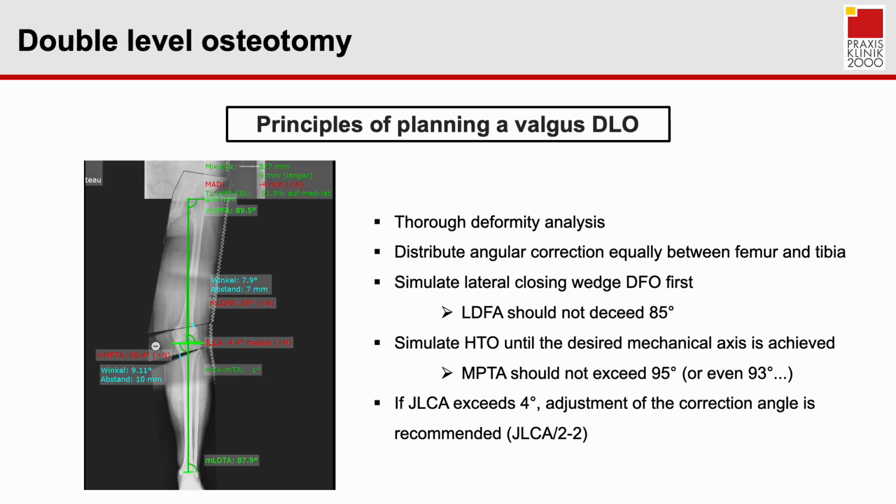Next, the HTO is simulated until the desired mechanical axis is achieved, but the MPTA should not exceed 95 degrees. Some would even tend to leave the MPTA below 93 degrees. And if the joint line obliquity exceeds 4 degrees, adjustment of the correction angle is recommended.